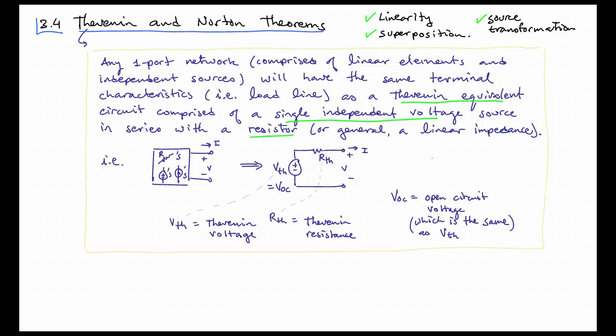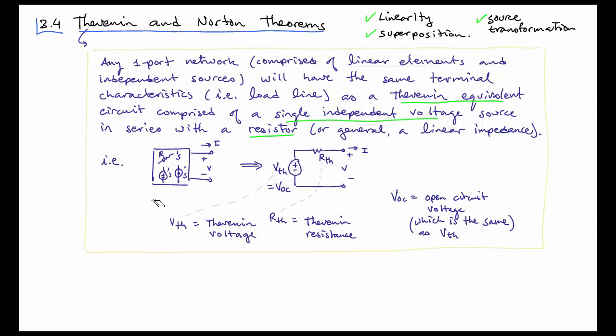Now, a one-port network is simply, well, this right here is a one-port network. A port is a pair of terminals. We typically talk about two ports or one port, so a two-port would have a pair of terminals on one side, a pair of terminals on the other. A one-port simply has one pair of terminals. So that's what we're looking to replace.